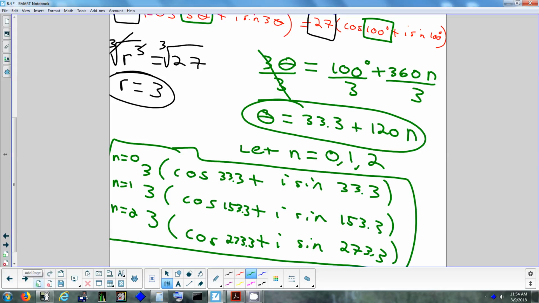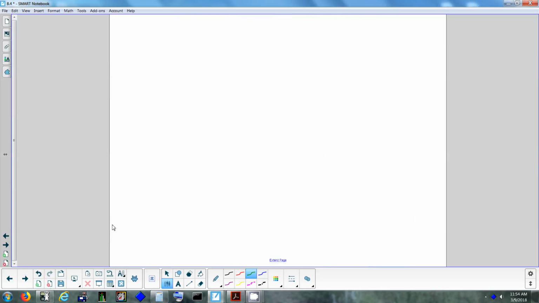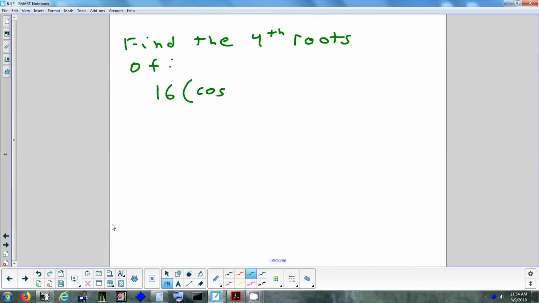Okay. So let's do the 4th roots of 16 cosine 200 plus i sine 200.